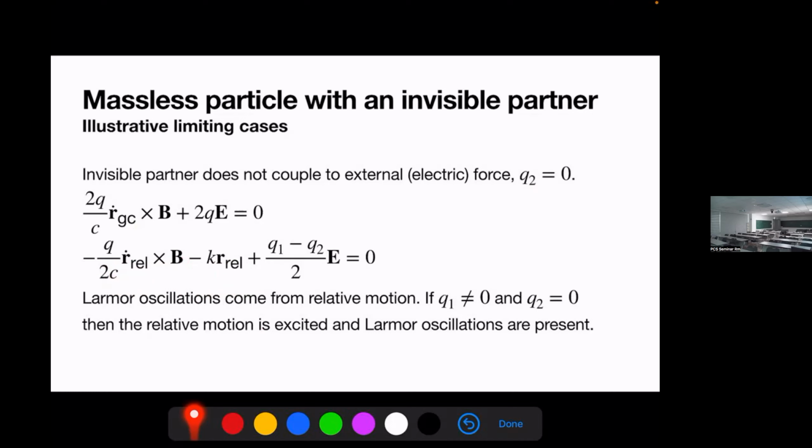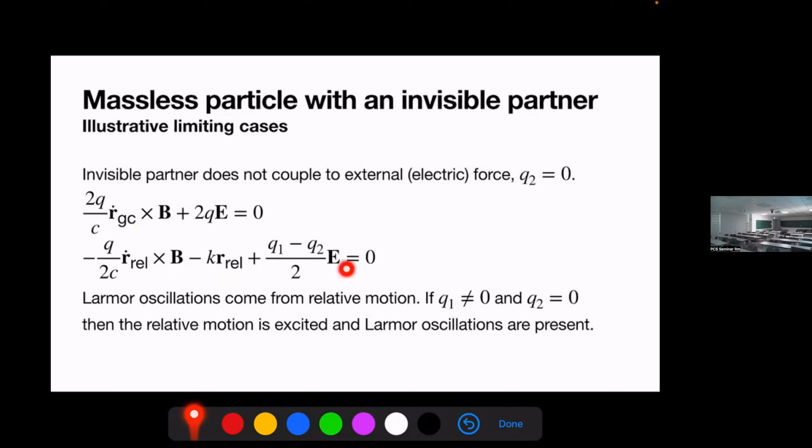So if your relative motion is coupled to the external force, you turn on suddenly the external force, and then your relative position gets shifted, and that's where you get the Larmor oscillations from. And so it will be visible in the motion of your particle. So that's another way to see it.